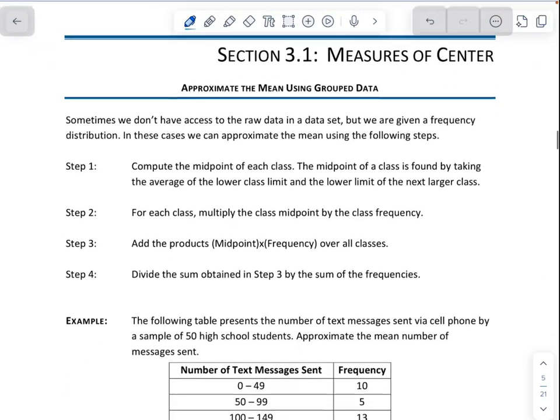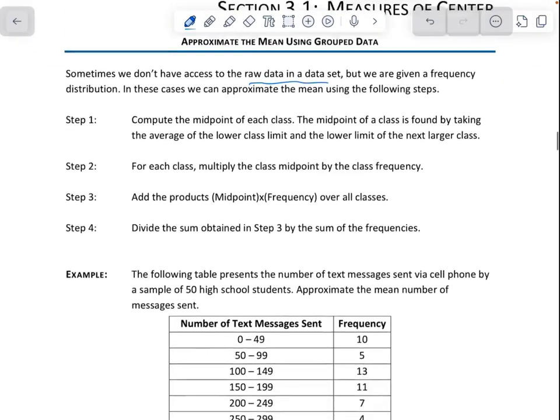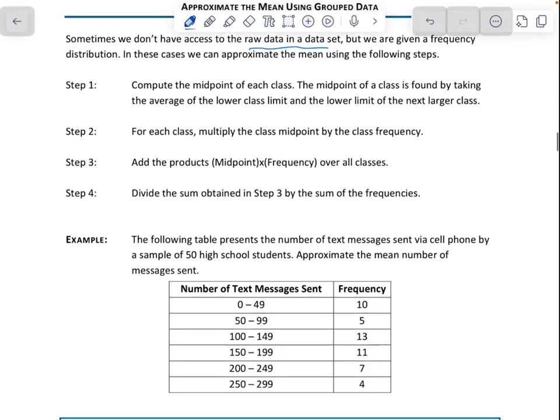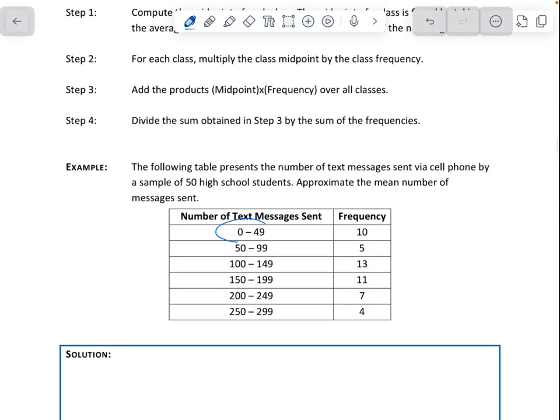Now, sometimes we don't have access to the raw data, and we're given a frequency distribution. We kind of talked about this when we were building our histograms, that we can't put in the full split like the 0 to 49 in our calculator or in our calculations.